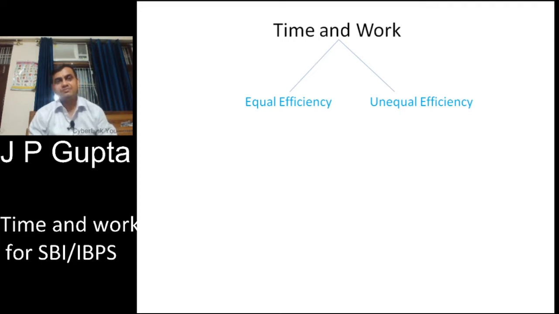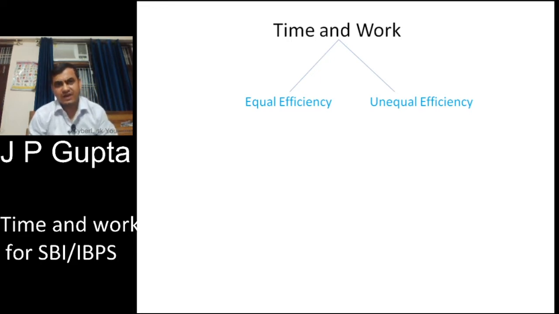So you have questions of time and work through DI as well. I'll take you through an actual SBI PO question that appeared latest in 2019, both in quant and how the question has been turned up in the DI section.